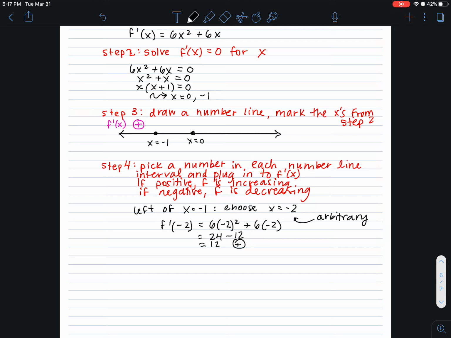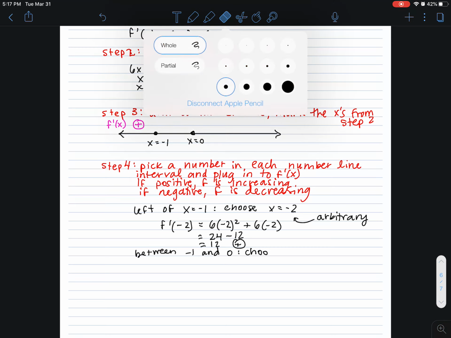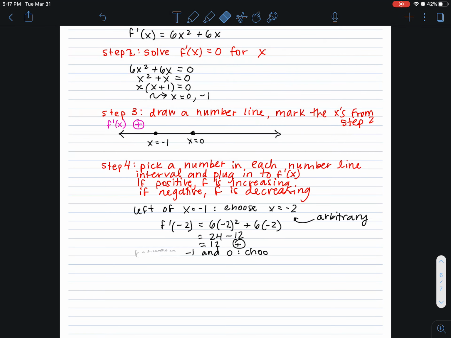Okay. Now we're going to do between negative 1 and 0. This was our first substep. This is our second substep.